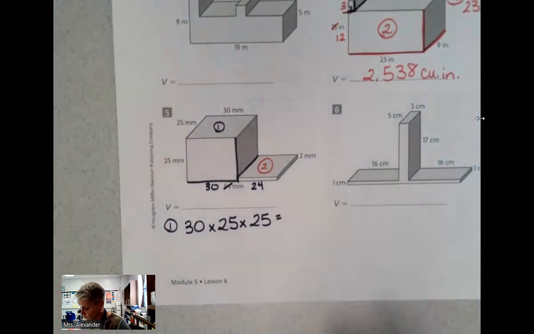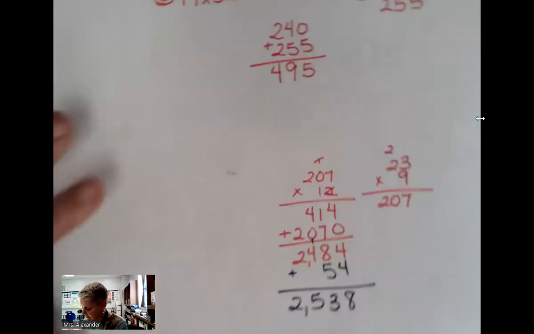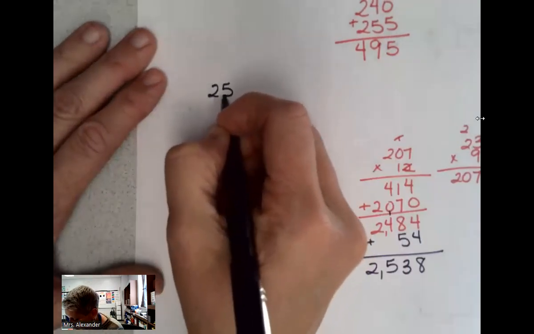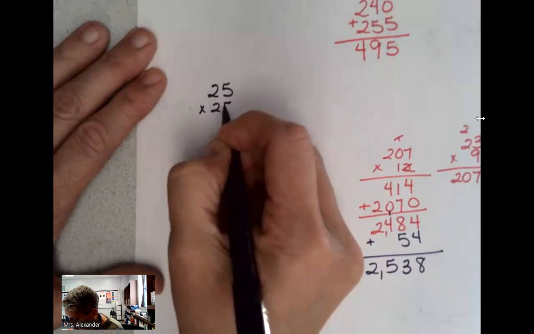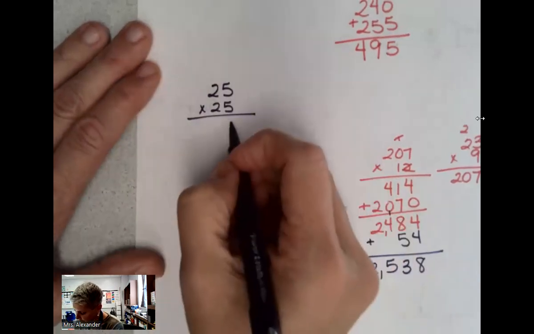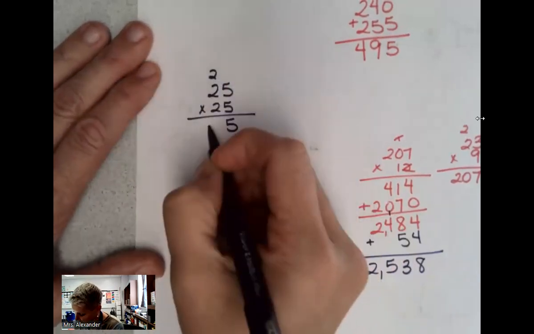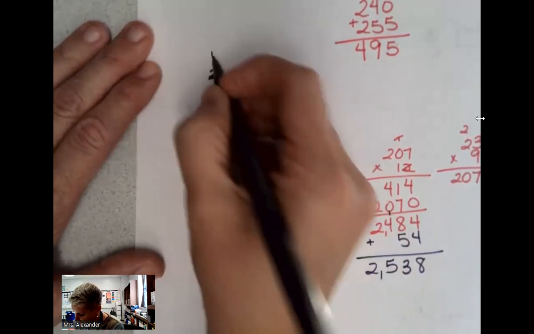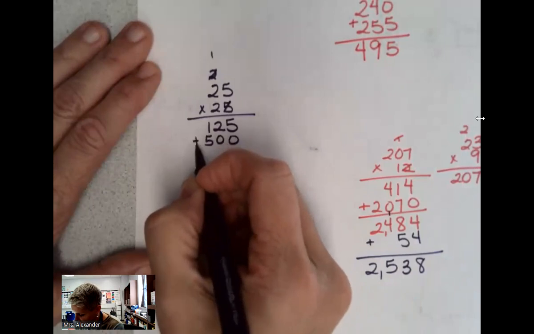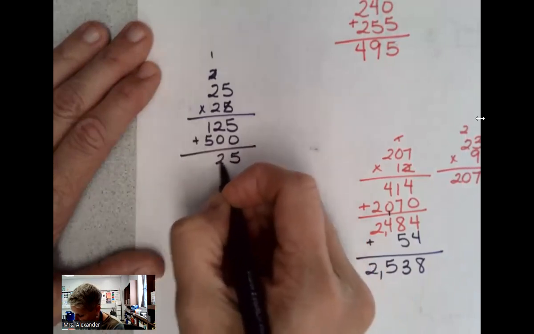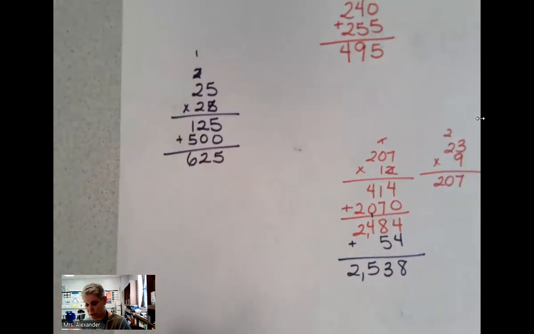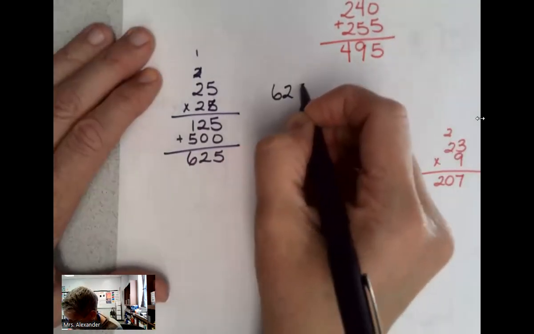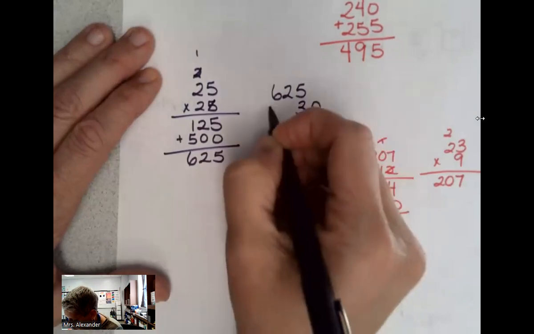All right, I think I'm going to need more room. 30 times 25 times 25. So let's do 25 times 25. I'll get 625. I'm going to take that and I'm going to hang the 0 of the 30.